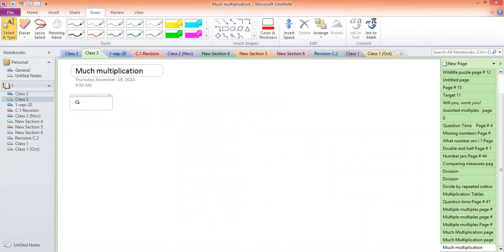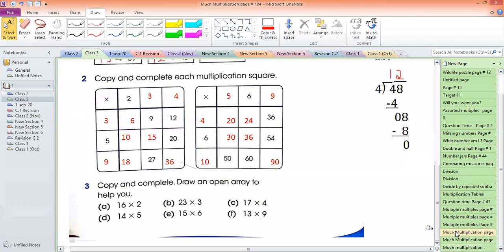Question number 3. Copy and complete with the help of an open array to help you.